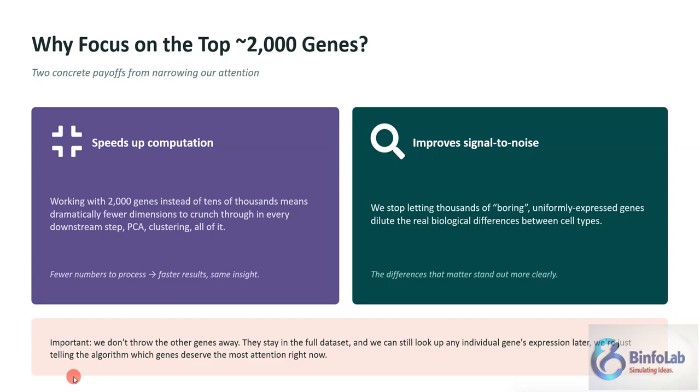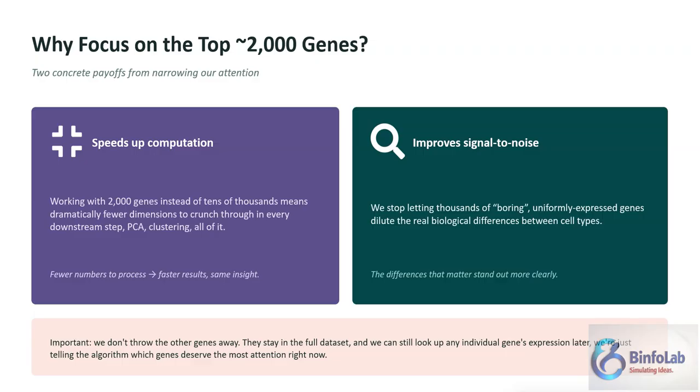Okay, and you should know, this is an important note I put on this slide: we do not throw the other genes away. They stay in the full data set, and we can still look up any individual gene's expression later. We are just telling the algorithm which genes deserve the most attention right now.